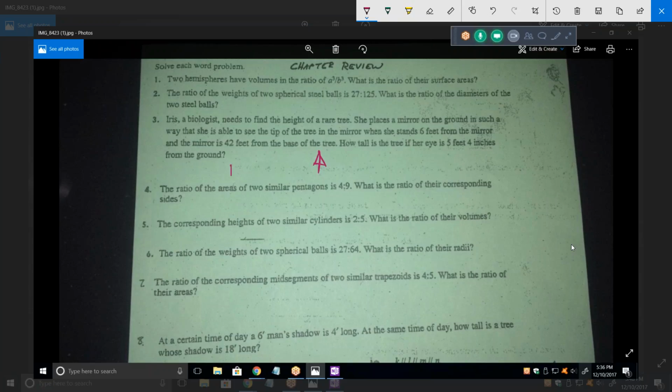Here we have a mirror, and sometimes to understand these, you almost have to draw a picture of it. That mirror is 42 feet from the base of the tree, and she is standing 6 feet from the mirror. So she's standing right there.